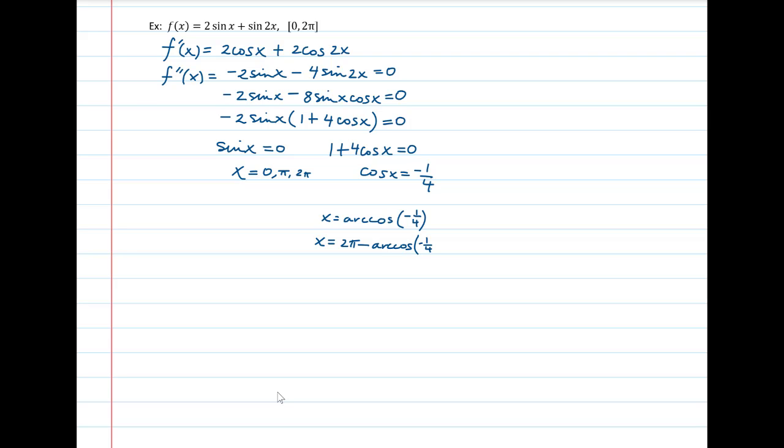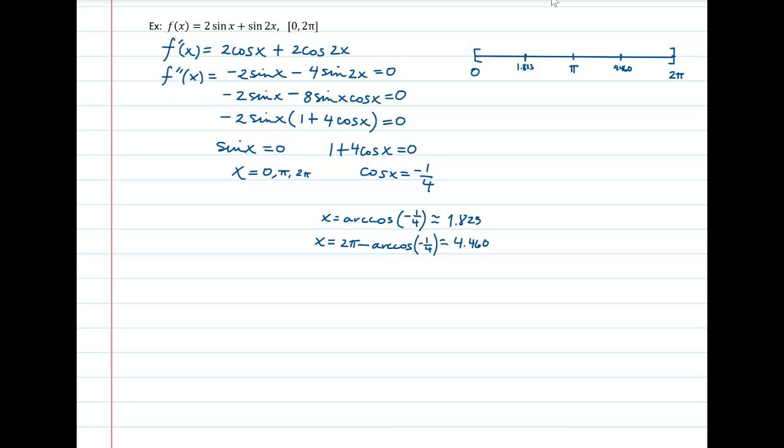Remember, if you compute arc cosine of negative 1/4 in your calculator, you're going to get a second quadrant angle. But cosine is also negative in the third quadrant, so we can find the other solution in the interval from 0 to 2 pi by subtracting the first answer from 2 pi. And we can have approximations of the angles in radians here. So there you have it.